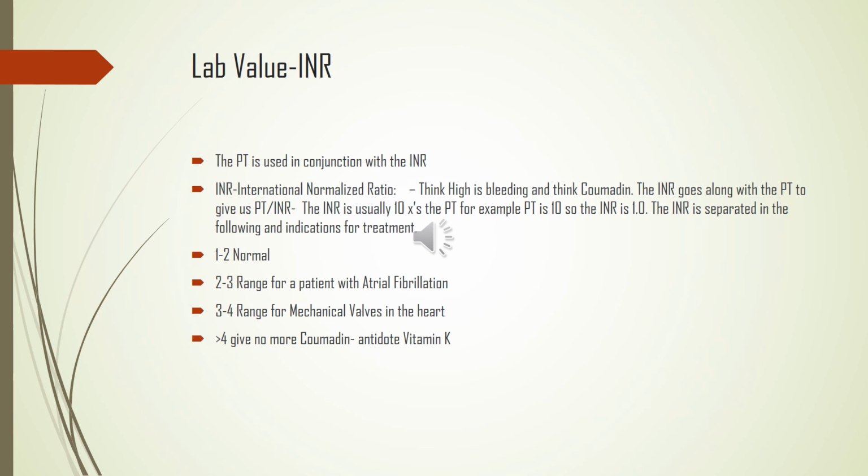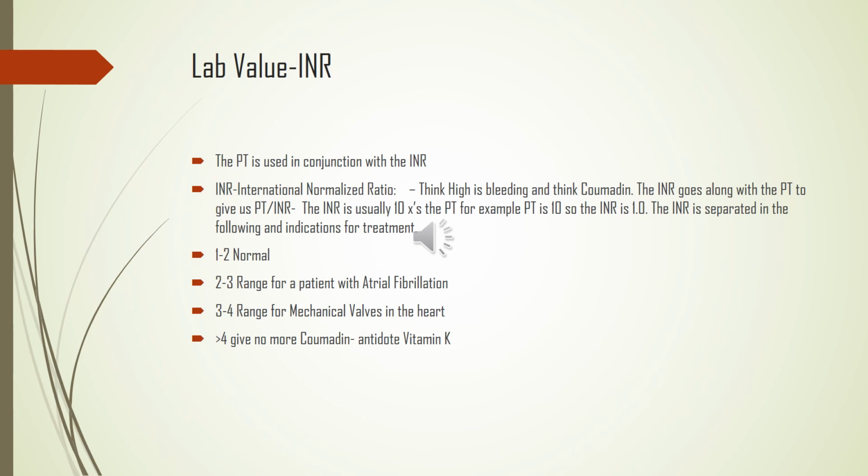Because that's going to tell you where they really need to be. If they are getting it because they have atrial fibrillation, then they're going to want the INR values between 2 and 3. If they're just getting it prophylactically for deep vein thrombosis, they've had one and they don't want them to have another one, then they're going to be 1.5 to 2.